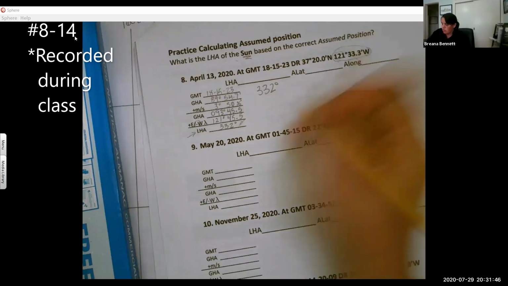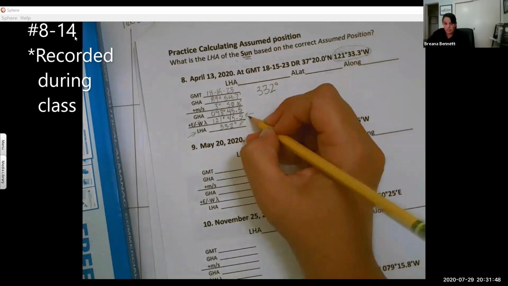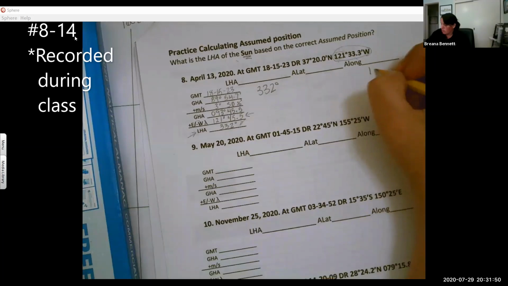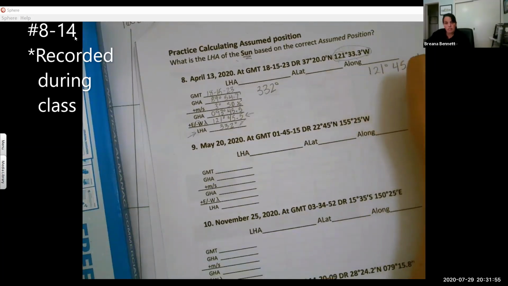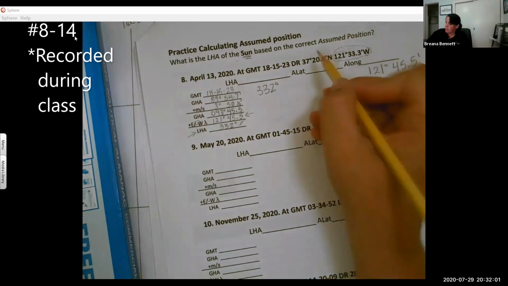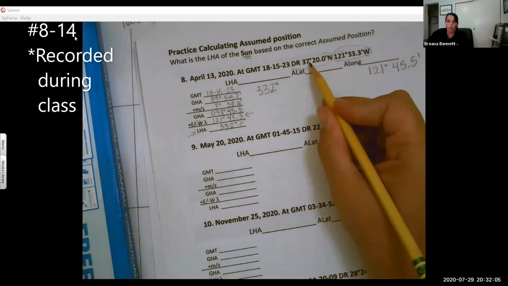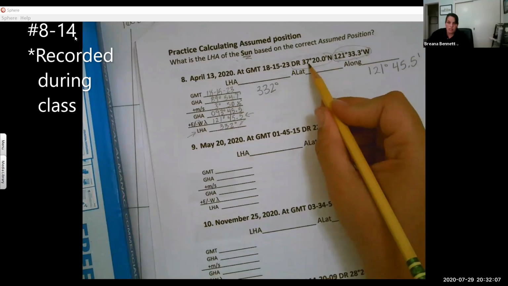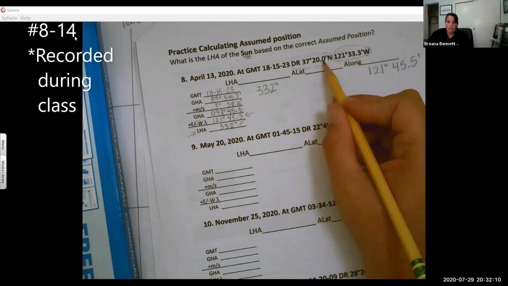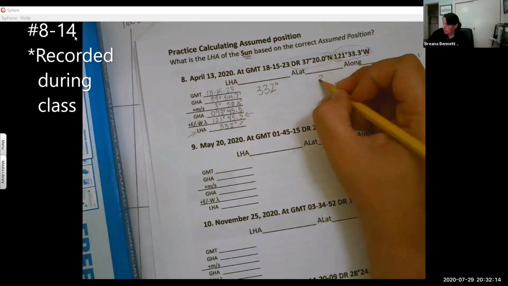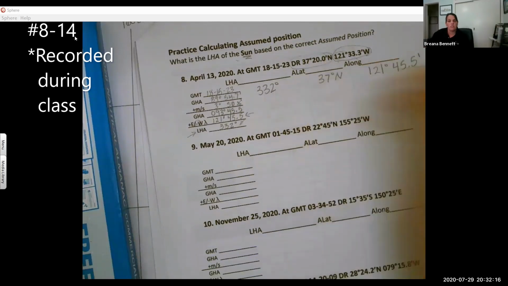My longitude is this guy, which was 121 degrees 45.5 minutes. And then I need to get my assumed latitude. So here I'm looking at my DR latitude and saying, what's the closest whole degree? So I'm at 37 20. So my closest whole degree would be 37 degrees north.